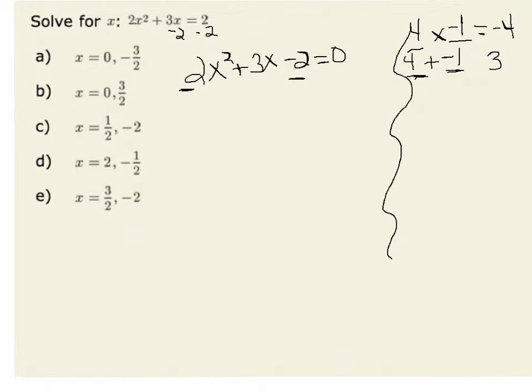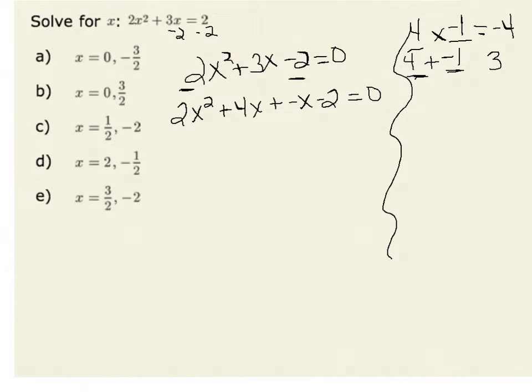I can now rewrite my middle term 3x as 4x plus a negative x. This would mean that I would have 2x squared plus 4x plus a negative x minus 2, still equal to 0.